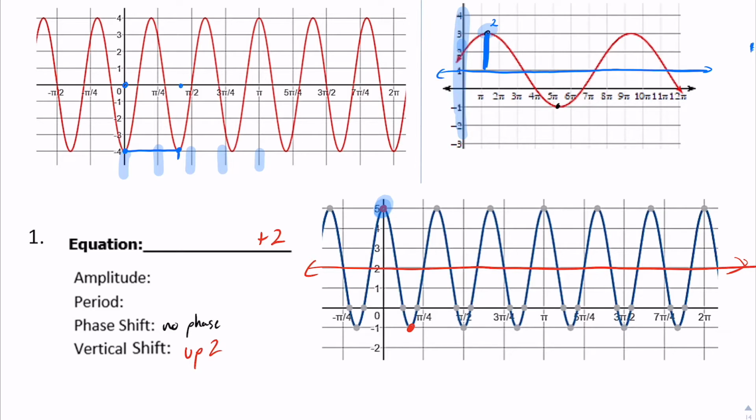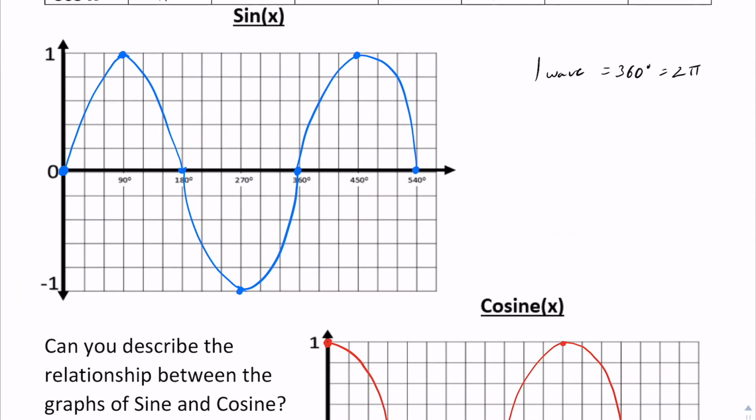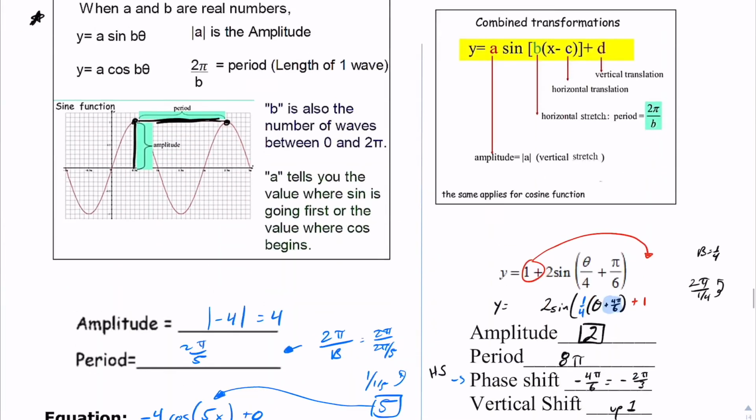So the stuff inside of the sine or cosine is going to be just x. Now we know that when the highest point starts at the y-axis like that, that's going to be a cosine. So I know it's going to look like that because of your previous page. Notice how sine starts at the origin, but then cosine starts here at the top of the y-axis. So that's how we know it's going to be a cosine in that question.